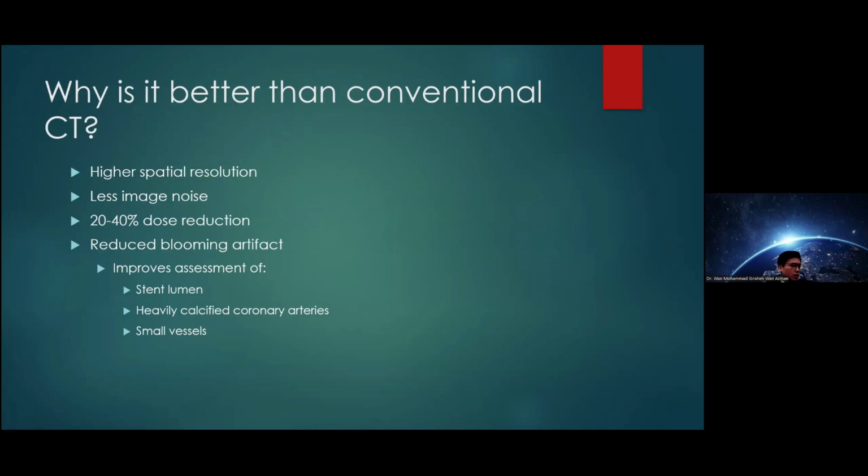So it has ultra high spatial resolution, less image noise, a 20 to 40% dose reduction, and reduced blooming artifact. Therefore, it improves assessment of the stent lumen, and of heavily calcified coronary arteries and small vessels.